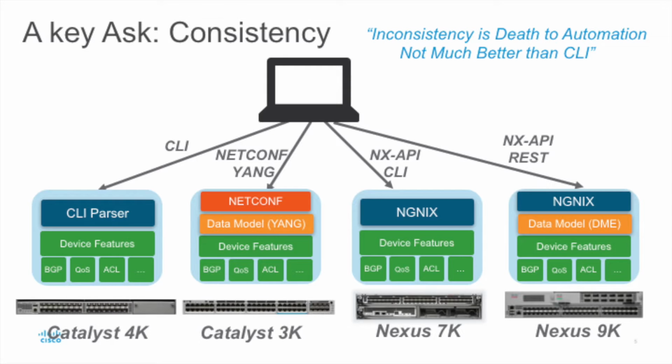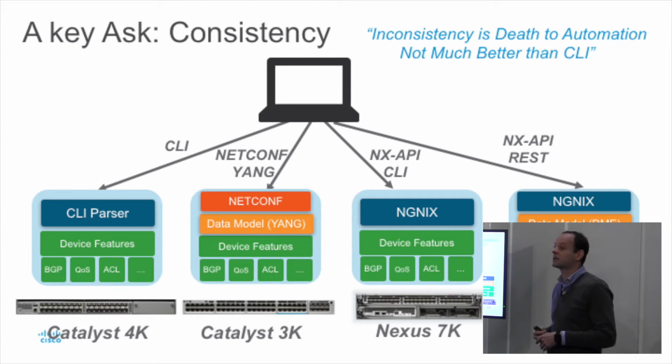Another key ask that we keep receiving from our customers is consistency across the different operating systems and platforms in Cisco. And so far, we haven't done a great job in this case, to say the least. Customers today might end up in a situation where, to manage their infrastructure using Nexus, Catalyst, or ASR devices, they use either CLIs, netconf, or different flavors of NX API.